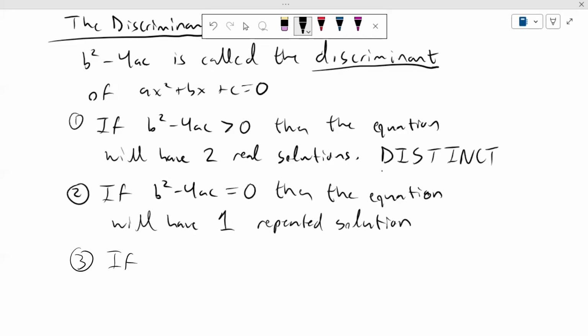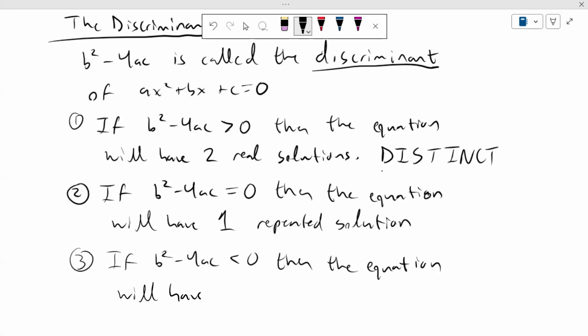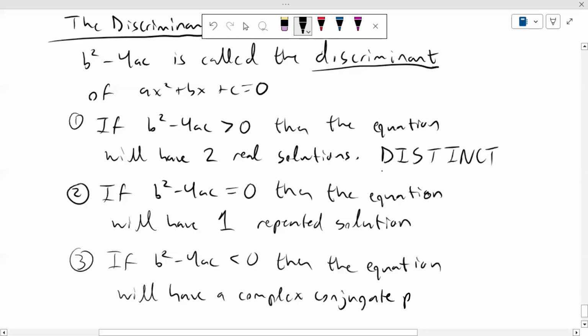The only other option is, well, what happens if b squared minus 4ac is less than 0? Well, if that happens, then the equation has two complex solutions. And in fact, they're going to be complex conjugate solutions, right? So I'm going to call this a complex conjugate pair of solutions, right?